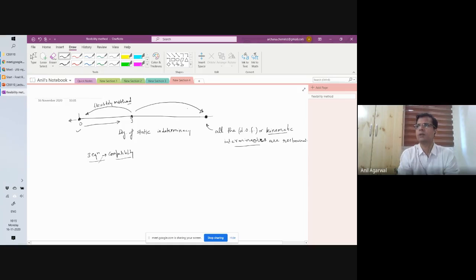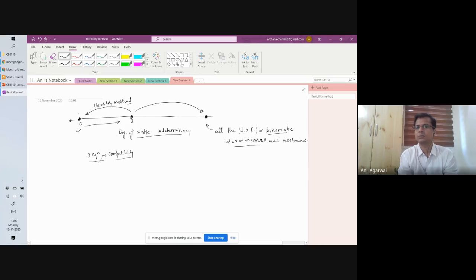And in the process we are making that system an extremely indeterminate system. We are increasing the degree of static indeterminacy very severely. So its static indeterminacy is increased, and then once you solve that system, and we will see how to solve that system, basically we start releasing one point at a time.